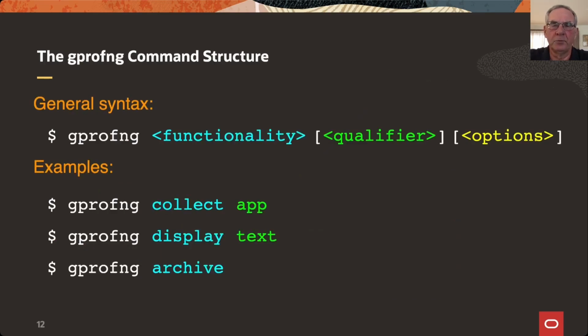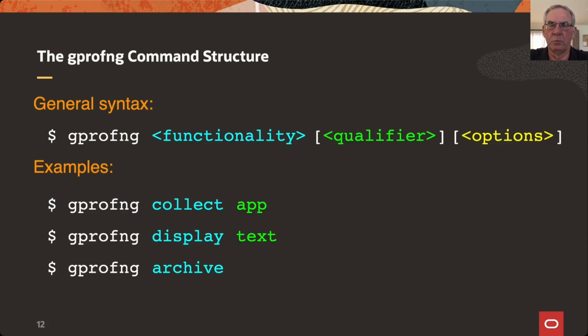Regarding the user interface, we've defined that all commands start with gprofng. That automatically makes things unique, so that avoids collisions with other commands, for example. Then you describe the functionality that you want to have, and depending on that, there could be qualifiers and options.